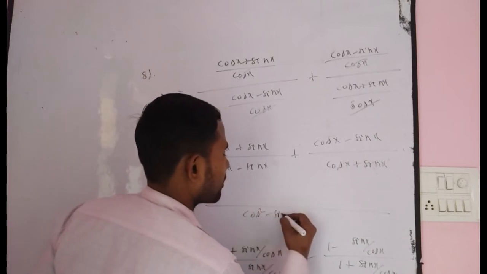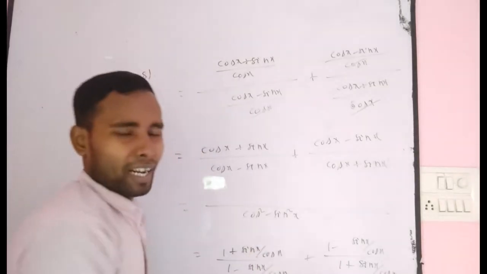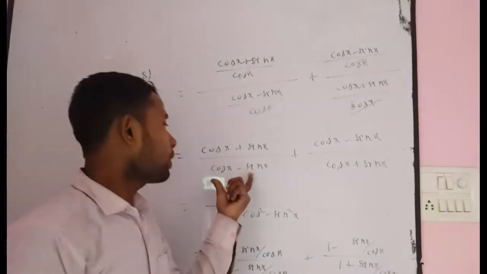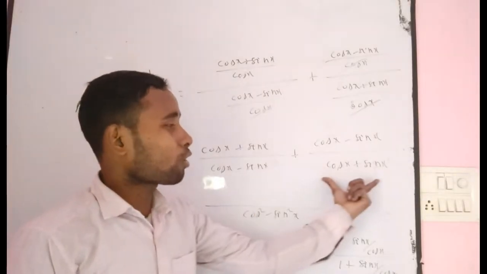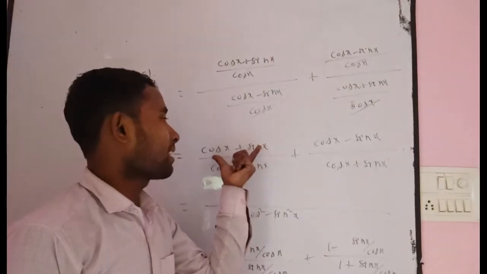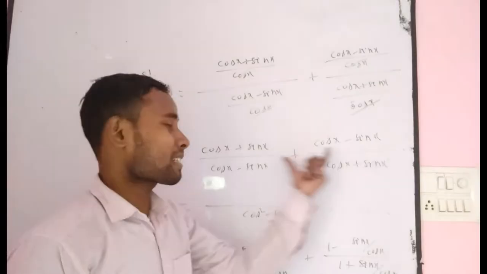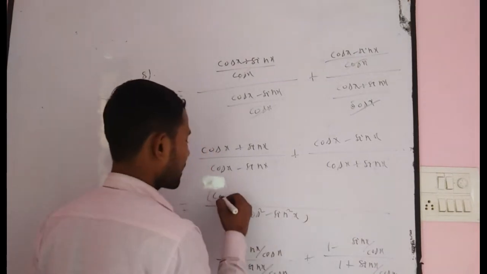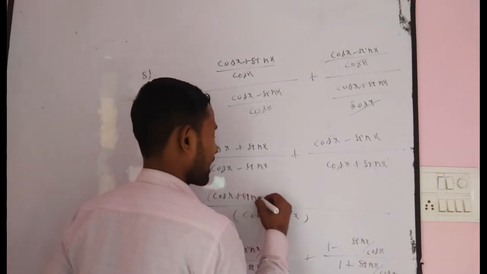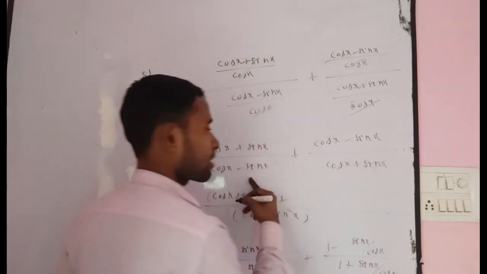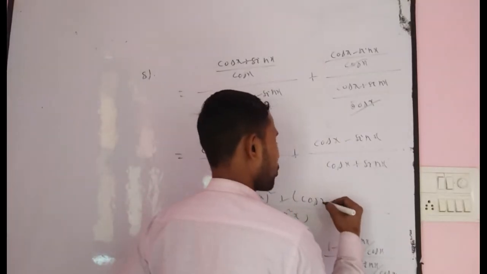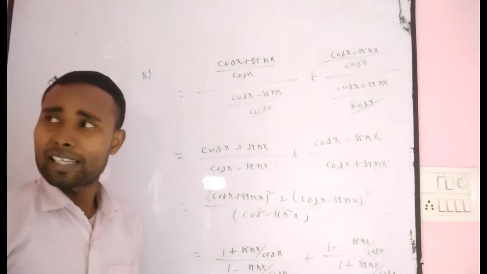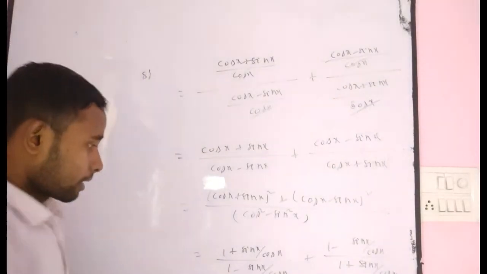If you multiply, you get cos square x minus sin square x, or you can write it as cos x minus sin x into cos x plus sin x as a multiplication. After multiplying in this expression, you get cos x plus sin x whole square. So you can write directly in the numerator cos x plus sin x whole square plus cos x minus sin x whole square. Now I want to give some idea.